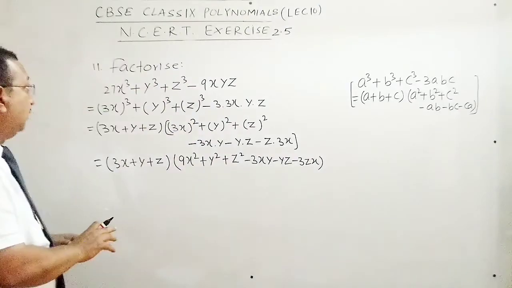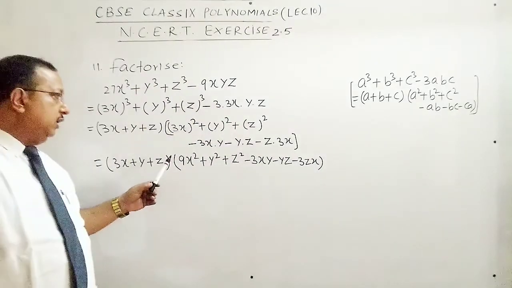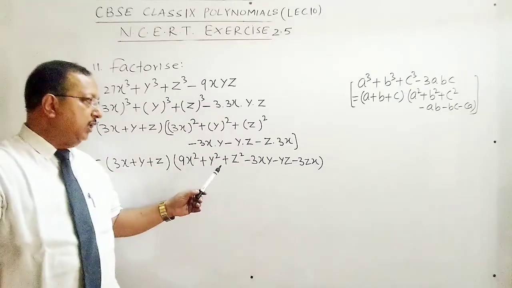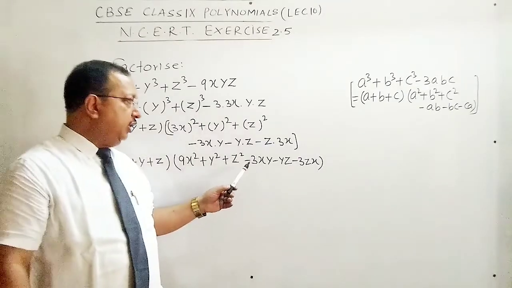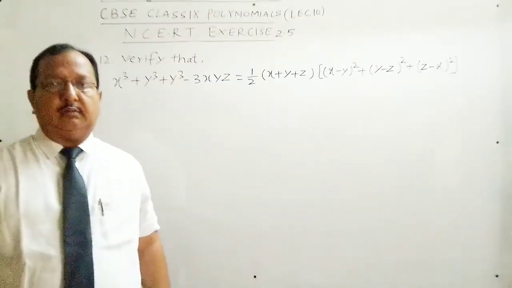So factorization of the given polynomial is 3x plus y plus z, the next bracket 9x square plus y square plus z square minus 3xy minus yz minus 3zx.